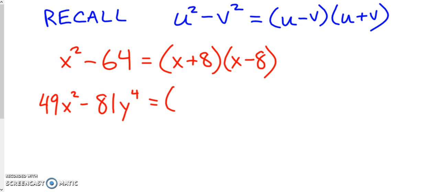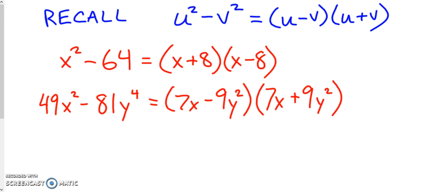Therefore, this factors into 7x minus 9y squared and 7x plus 9y squared. And again, it would probably be a good idea to pause this video periodically and try to work these problems, okay, so that you get a little practice in.